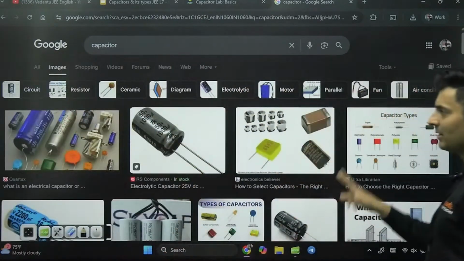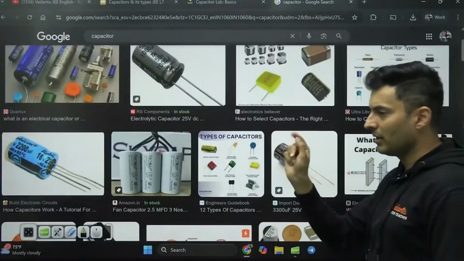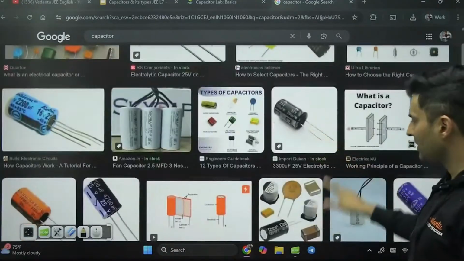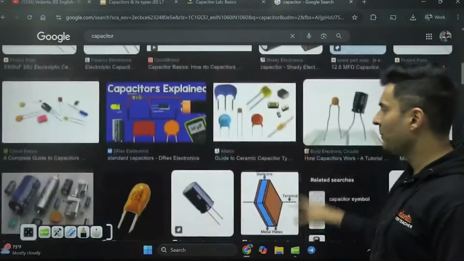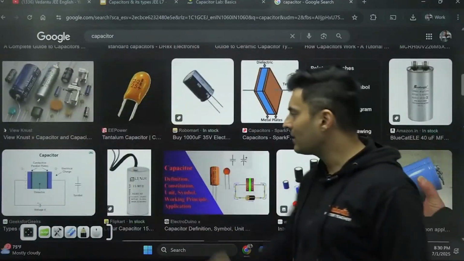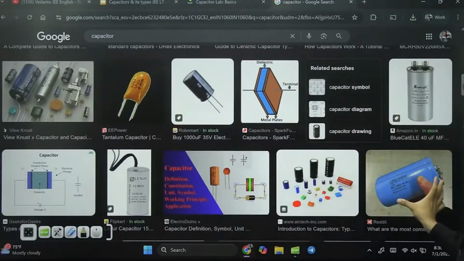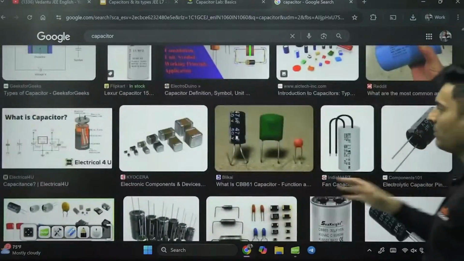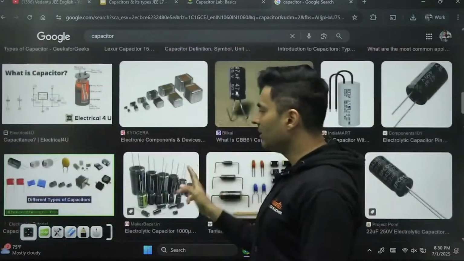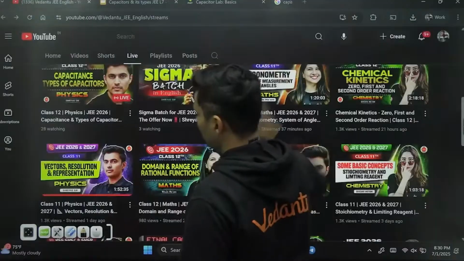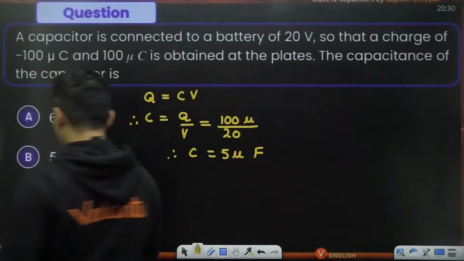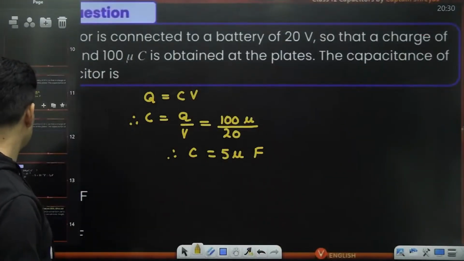You can see that they are barely the size of your finger or your nail. This is a very big capacitor; usually they are very teeny bits. So that's a capacitor.